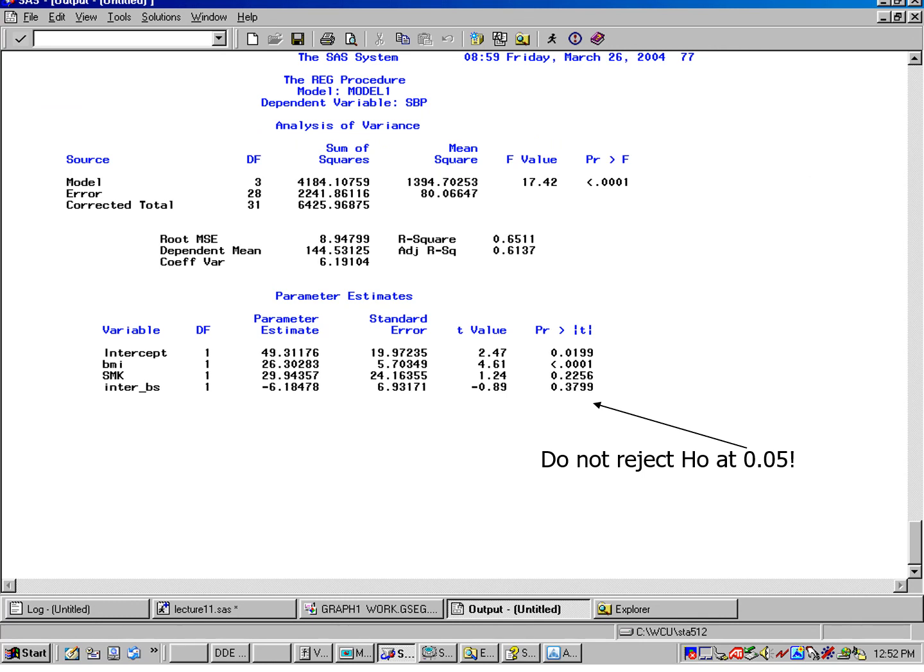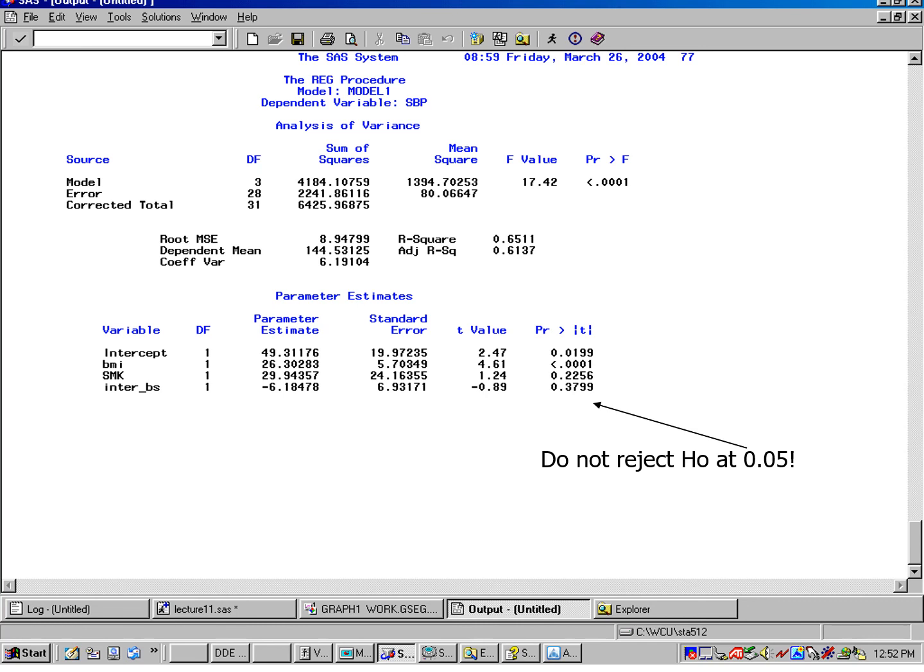In this case, we see that the difference is negative 6.1. The p-value is quite a bit larger than 0.05, so we would fail to reject at the 0.05 significance level.